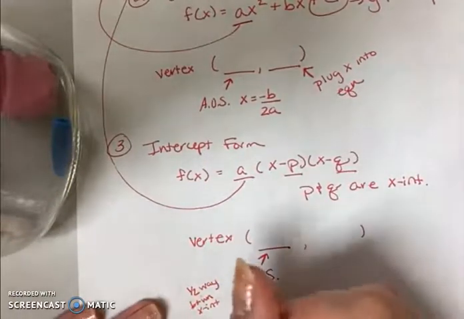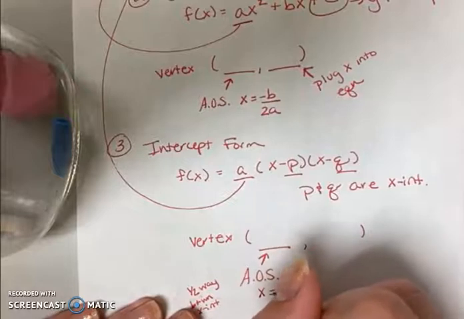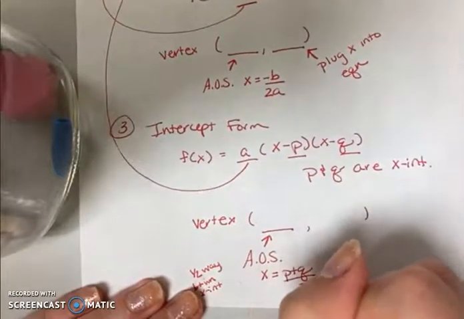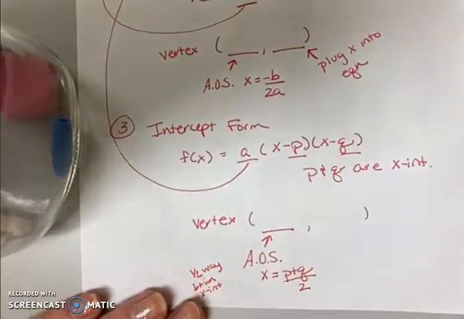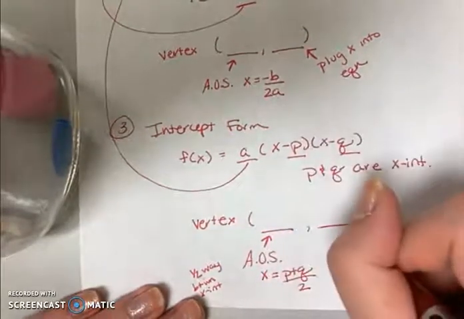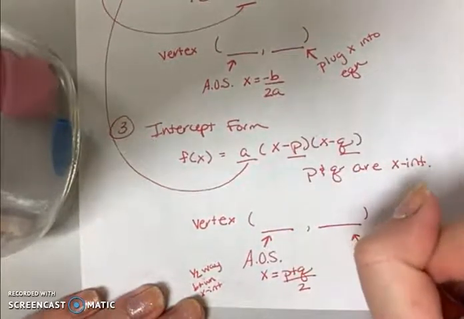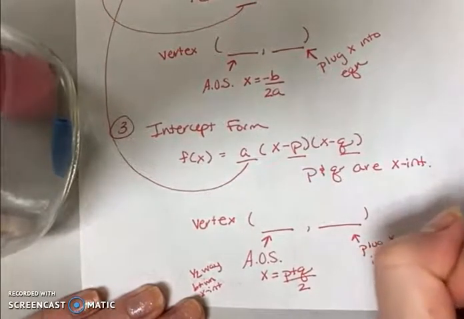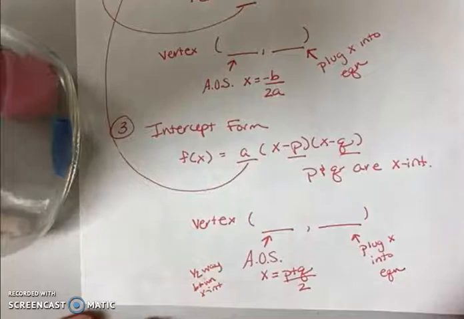Or we can use x equals (p plus q) divided by 2. To find the y value, it's the same as what we did up here. You would just plug your x value that we just found into the equation. Okay, and that's it.